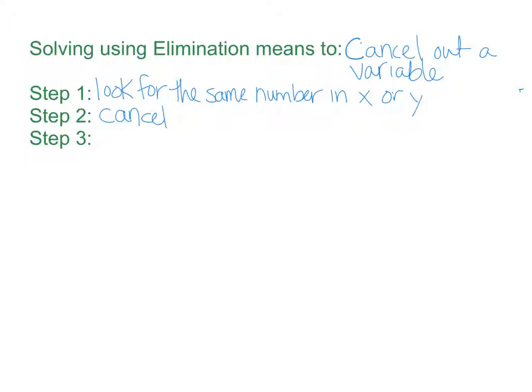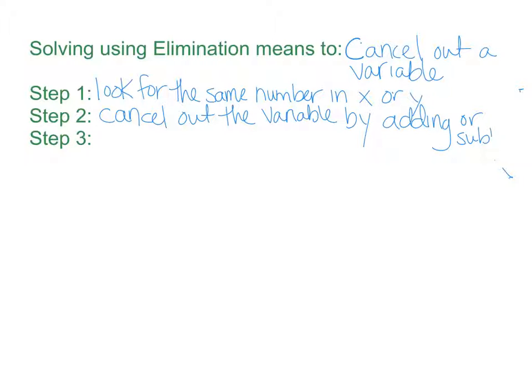Step 2, cancel out the variable by adding or subtracting. So first we're going to find the x's or the y's that are the same. Then we're going to cancel them out.